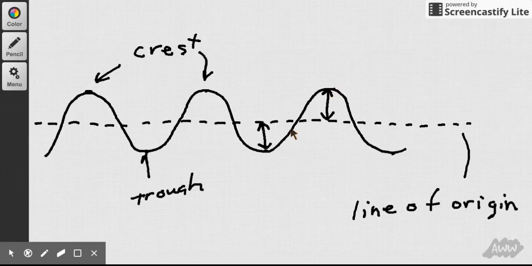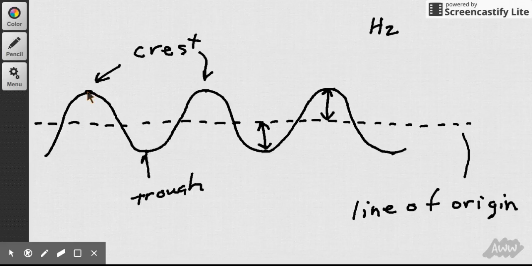Then our frequency. The frequency is going to be measured in hertz, which is the unit for frequency, and it's how frequent a wave is. Well, before we do that, one of the words that's not defined on there, but you do need to know, is wavelength. Wavelength is one complete wave. You need to measure from the same part of the wave to the same part of the second wave.